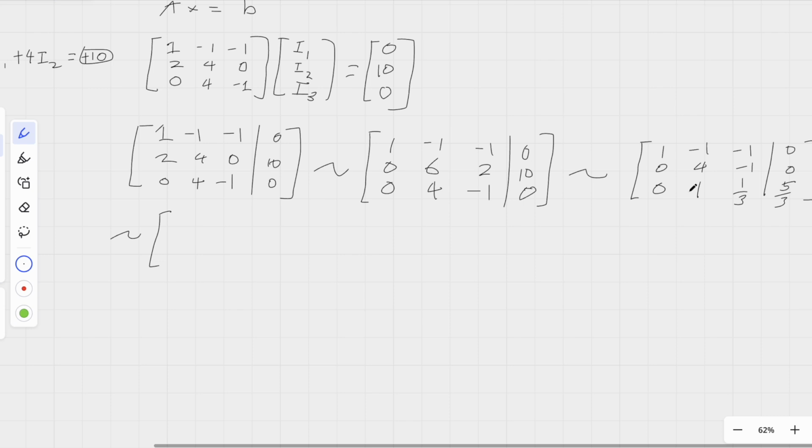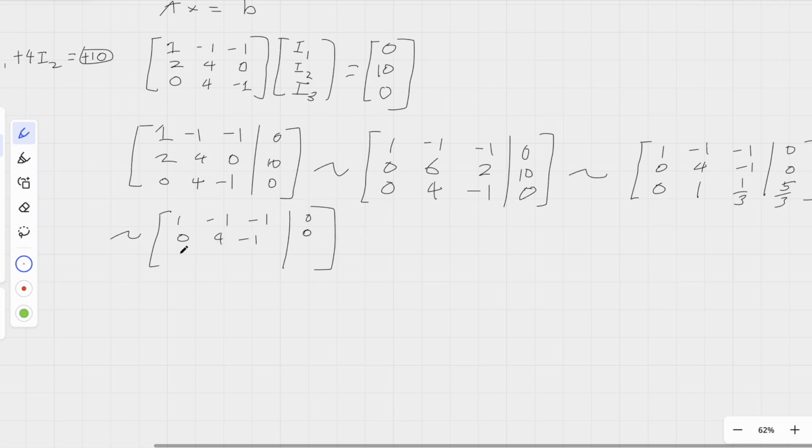Alright, so we'll do -4 times the last row plus the second row and replace it with the last row. So 1, -1, -1, 0, 0. Oh wait, no, this will change. 0, 1, -1.